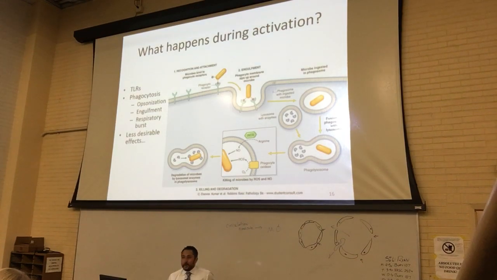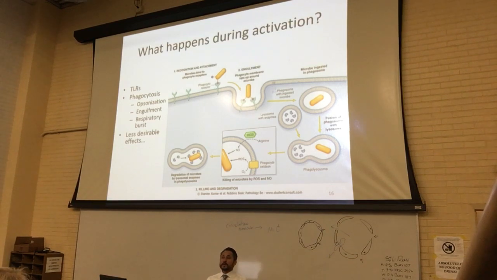And once it's out in the tissue, this macrophage is triggered to be in an activated state. And so I want to talk with you a little bit about what it means to be in an activated state. So we're looking at a tissue macrophage on this slide. This is the cell membrane.